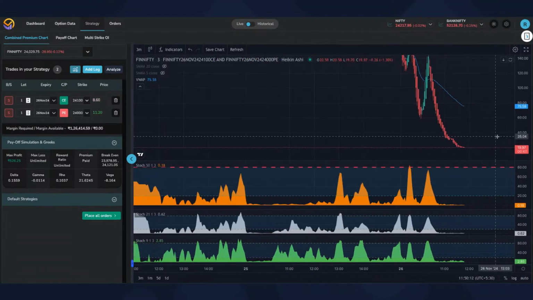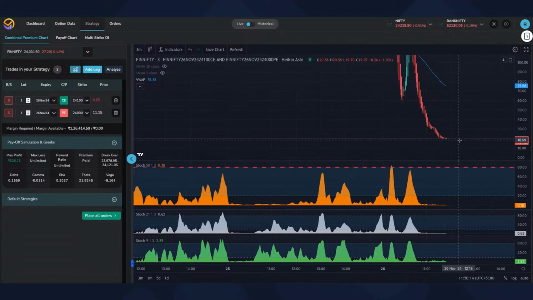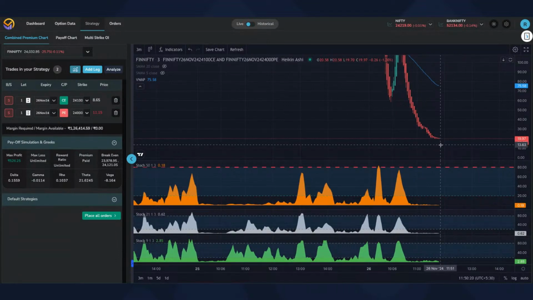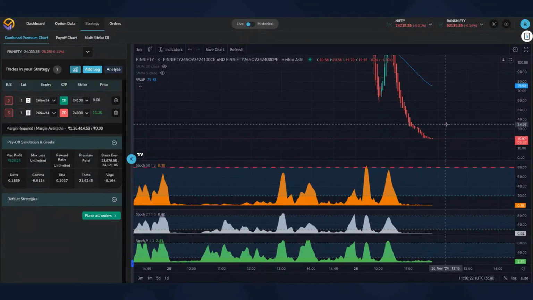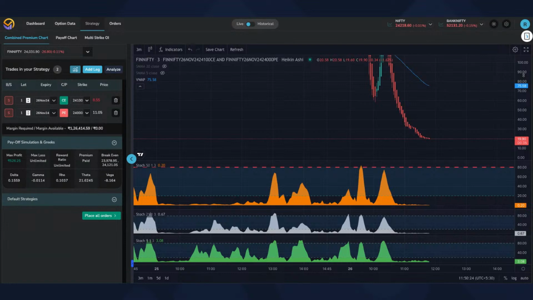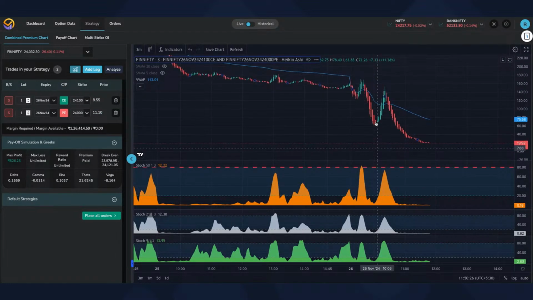All right. So right now there is no green at all, which is obviously good for us being a seller. As I said, in case I see two consecutive greens, there is a high probability that there's going to be some bit of an up move. Which actually happened today, right? So here, it happened here, but again it stayed flat after that, and then again there was an up move, and then again it came down.